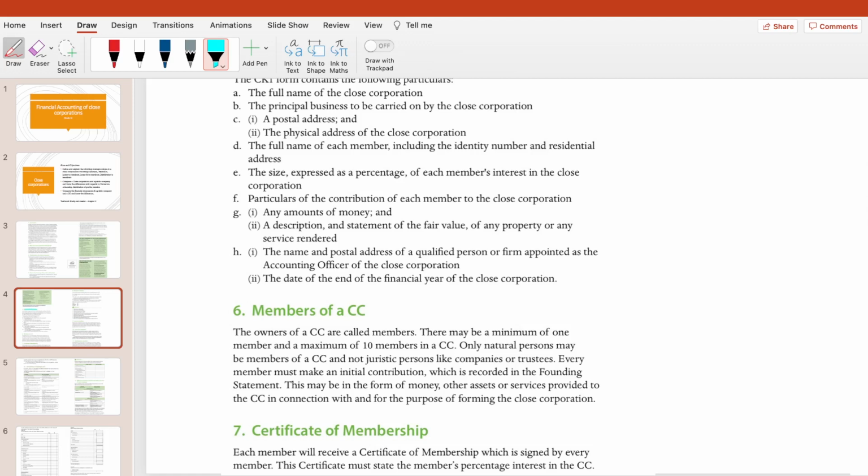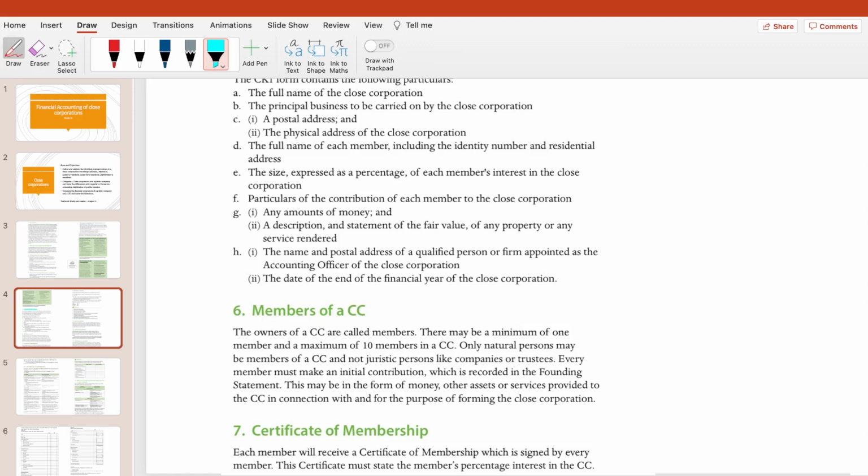Members of a CC are the owners of the CC, and they are called the members. There may be a minimum of 1 member and a maximum of 10 members in a CC. Only natural persons may be members of the CC, and not a juristic person like a company or a trustee. Every member must make an initial contribution, and that would be recorded in the founding statement.